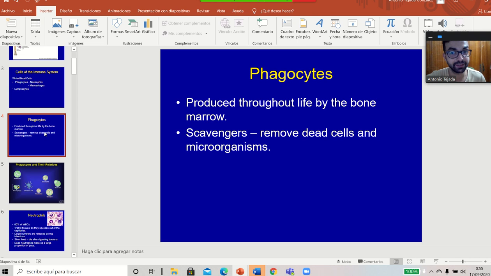The phagocytes are produced throughout life by the bone marrow, and they are in charge of removing the dead cells and microorganisms that don't have a function in our body, so they need to be removed. That's what the phagocytes do. They are like, let's say, they remove the trash, okay?